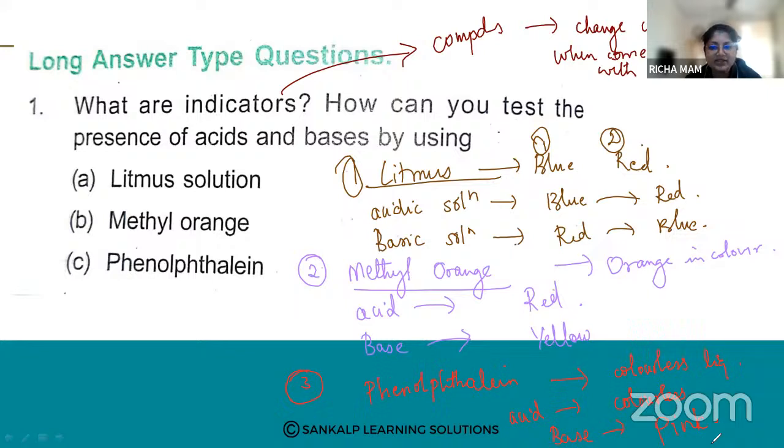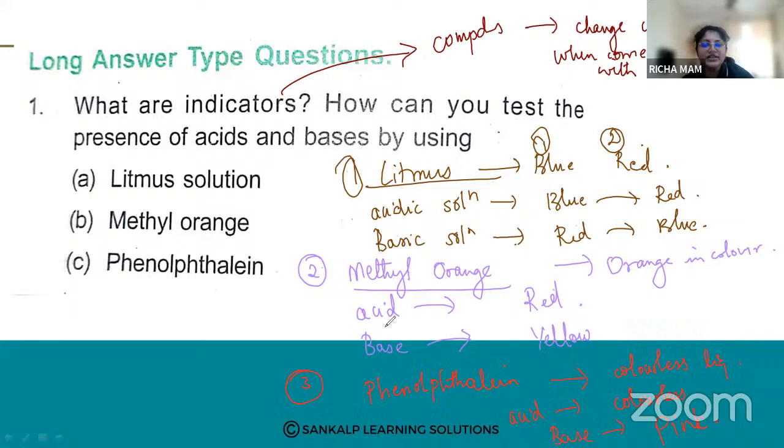And if you have a basic solution, red litmus will turn into blue. Methyl orange is originally orange in color. If you add it to an acid solution, it will turn into red. If you add it to a basic solution, it will turn yellow.